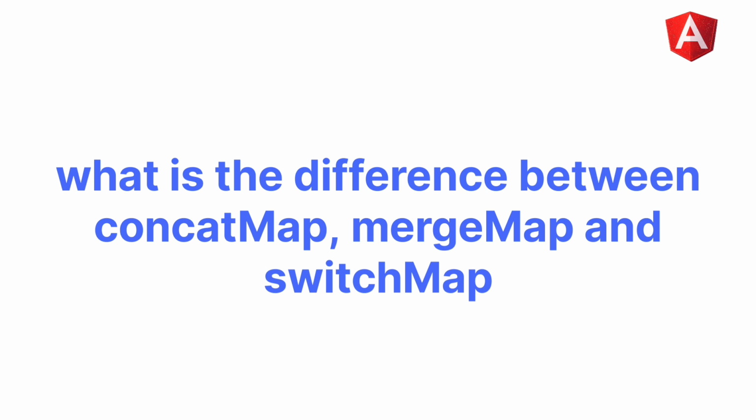It will cancel the previous subscription and give the latest result. For example, if we have an API and want to call one more API that is dependent on the previous API, we can use switchMap in this scenario.